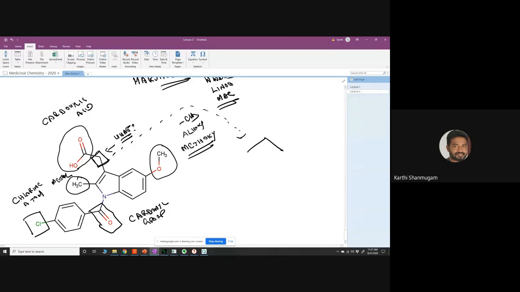So now the question is, what is the name for this functional group? It's a very common functional group. You can guess. Propane? See, this is not the original molecule. This is the original structure. What is the name for this functional group?